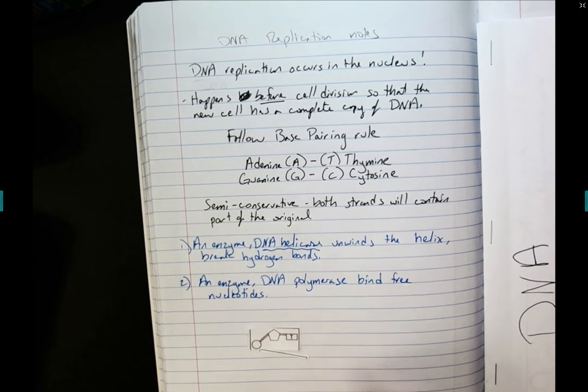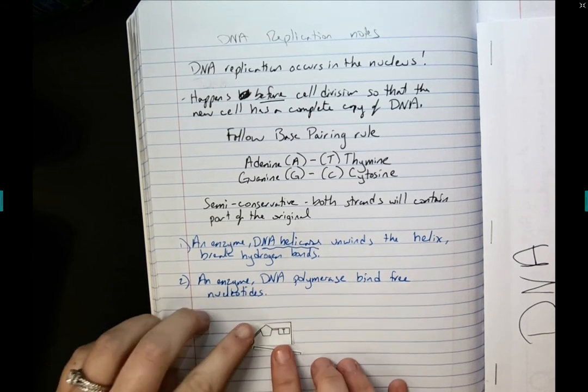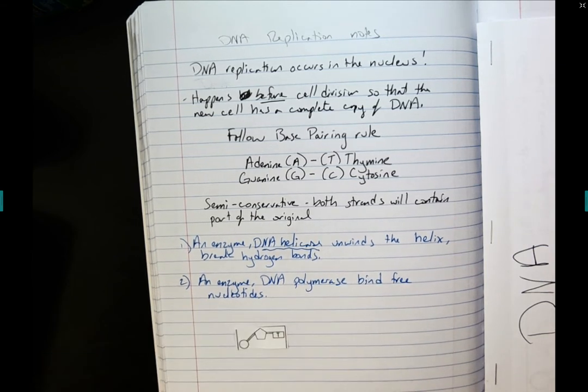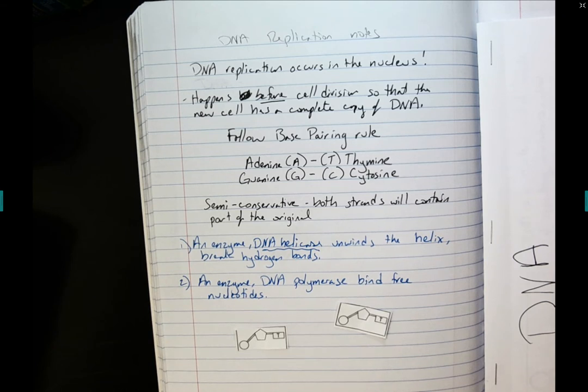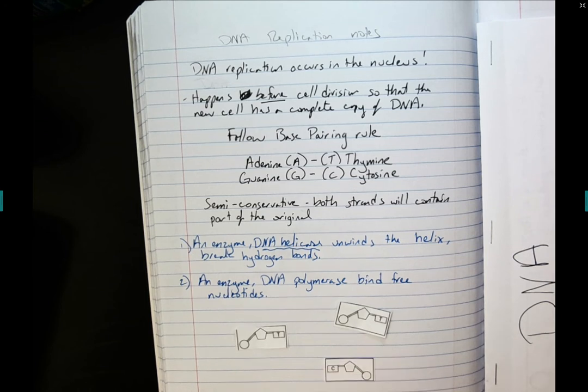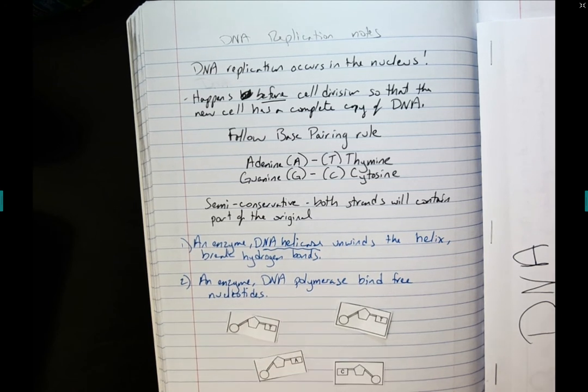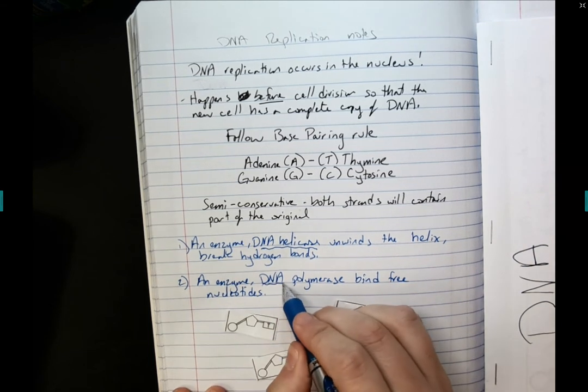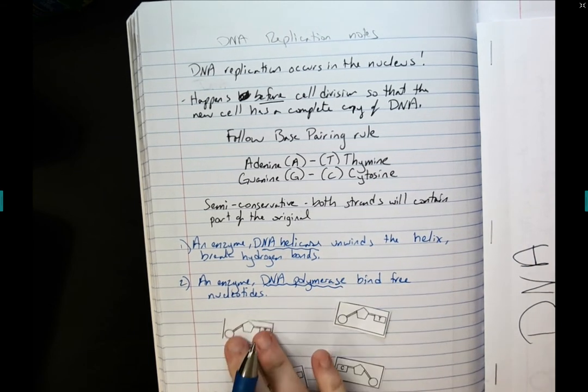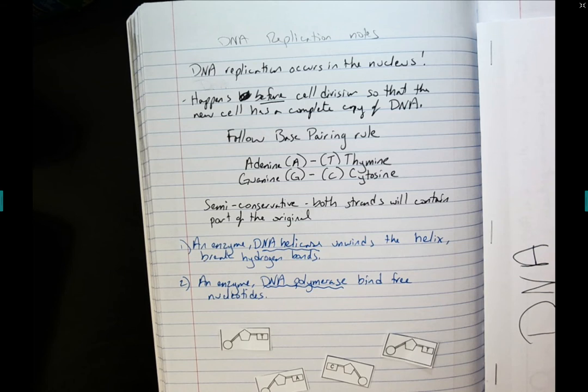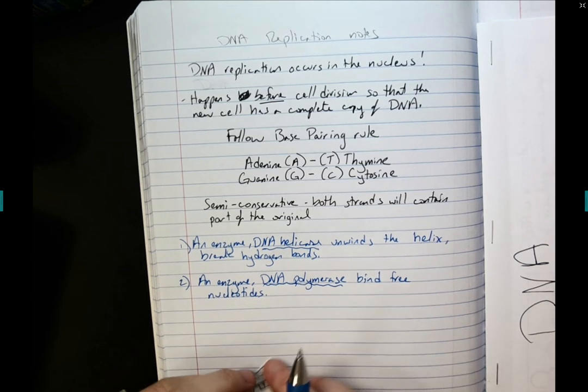So there are free nucleotides hanging around in the nucleus. And what will happen is that DNA polymerase will start binding those nucleotides to that newly unwound strand of DNA. So let's take a look to see what happens with that.